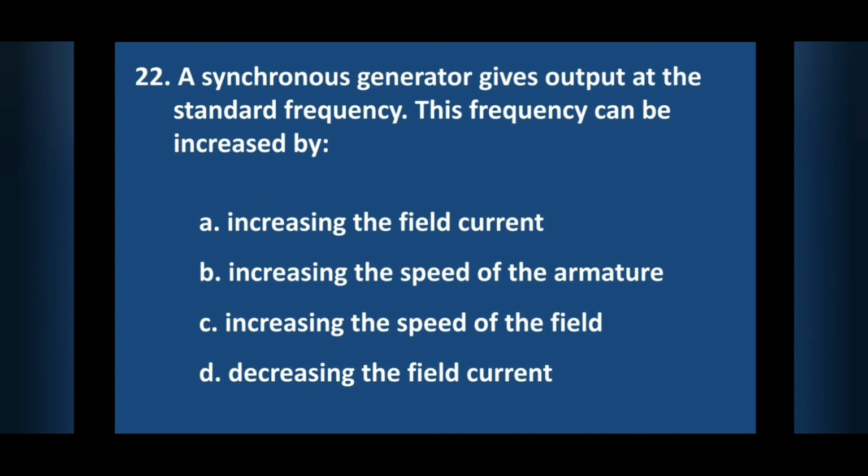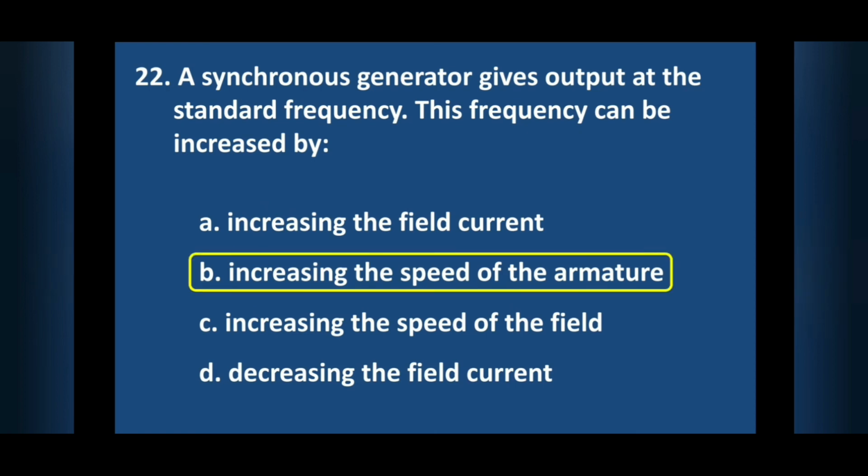Question number 22. A synchronous generator gives output at the standard frequency. This frequency can be increased by. Answer is option B. Increasing the speed of the armature.